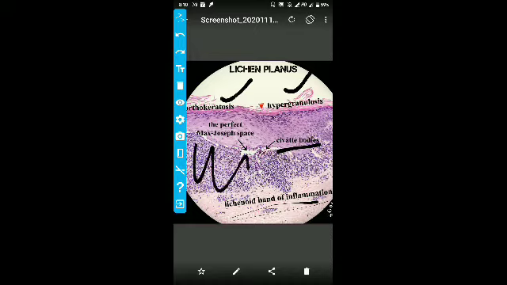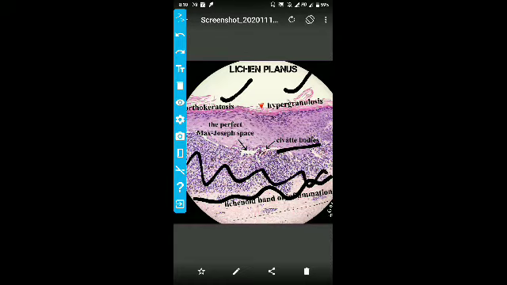Look over here, the sawtooth area. There is inflammatory cell infiltrate. You can appreciate this entire area. Now look at the space between the epithelium over here. This epithelium ends, okay, like this, and the connective tissue is like this.